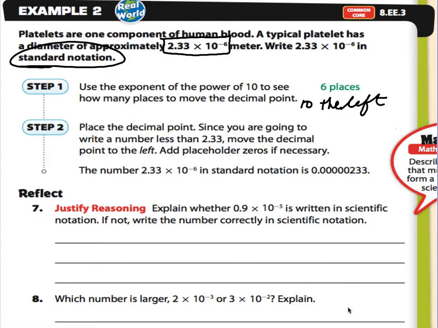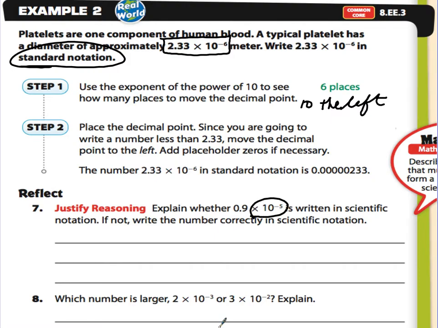All right, so explain whether 0.9 times 10 to the 5th is written in scientific notation. If not, write it correctly. So real quick, I want you to decide: yes, it's in scientific notation, or no, it is not. If you said yes, my guess is that you just looked at the fact that it had the multiplication of 10 to a power. Yes, you need to have that.